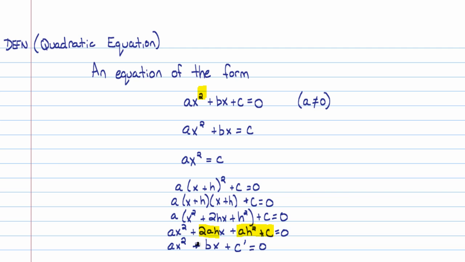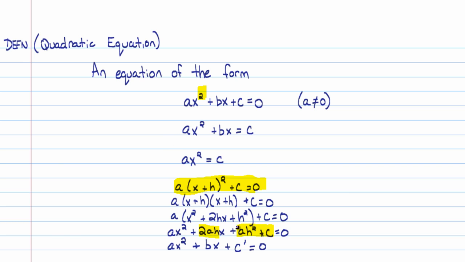But you see in the end, after I multiply this equation out and clean it up, distributing through parentheses and whatnot, it really does turn right back into a quadratic equation of the form ax squared plus bx plus c is equal to 0. So all these are just different forms of a quadratic equation.